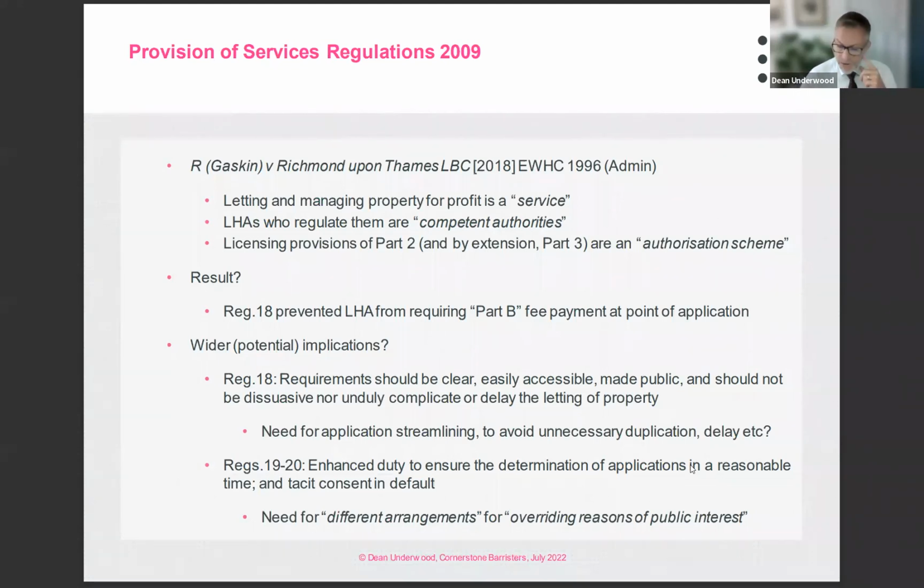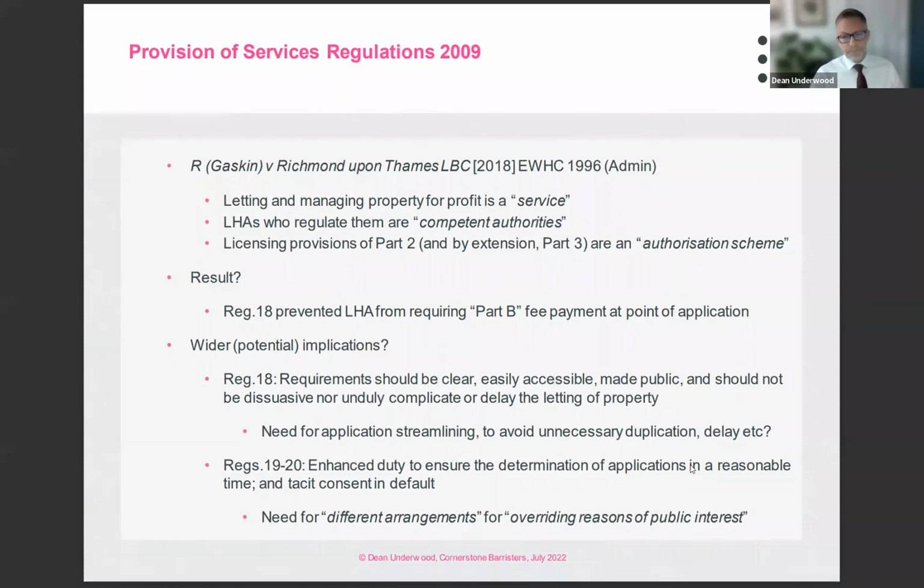In the event of a failure to process the application within the period set or extended in accordance with the preceding provisions of this regulation, authorization is deemed to have been granted by a competent authority unless different arrangements are in place. And then lastly, any different arrangements must be justified by overriding reasons relating to the public interest, including a legitimate interest of third parties.